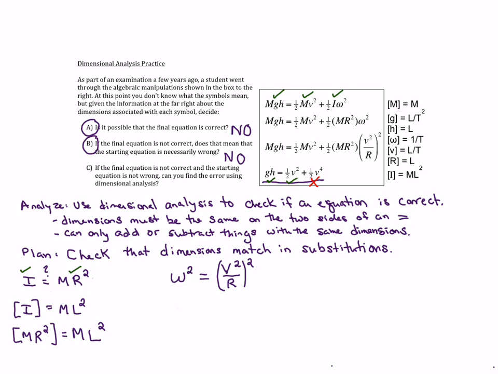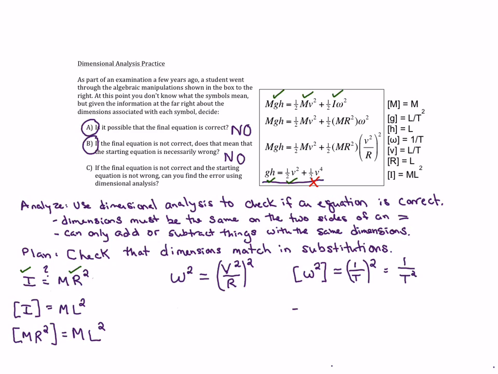So let's check the dimensions here. So the dimensions of the W, which we'll find out later is called omega, the dimensions of omega squared, well, the dimensions of omega is 1 over time. And then we square that whole thing to get its dimensions, 1 over time squared.